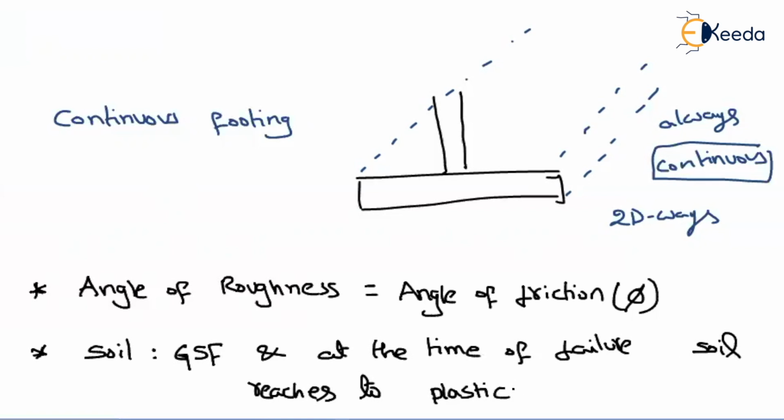Already we have discussed plastic equilibrium. So whatever we have discussed as of now is applicable for shallow foundations. The base of the foundation is assumed rough, it is assumed for continuous footing, the surface roughness is considered as the angle of friction, the soil will fail by general shear failure, and all the soil mass reaches plastic equilibrium.